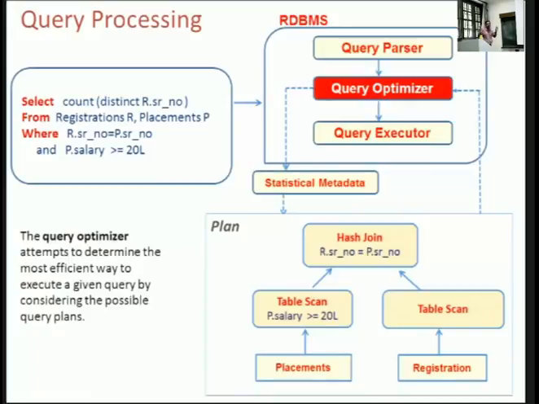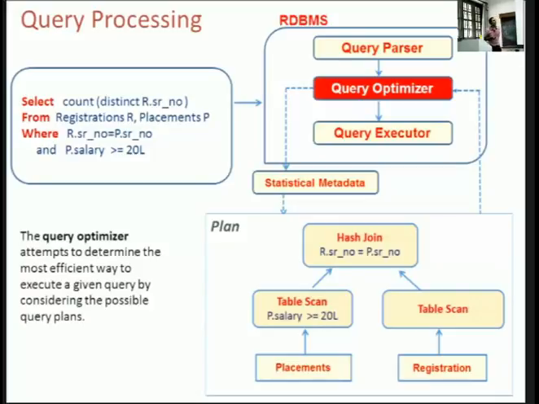So the thinking part is done by the optimizer, and we expect that the plan or strategy the query optimizer gives will take the shortest time for the query to process and give back the result to the user. Finally, this plan or strategy is given to the query executor, which executes the query in the manner that has been told by the query optimizer.